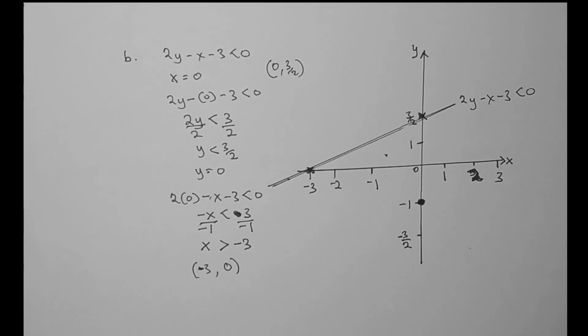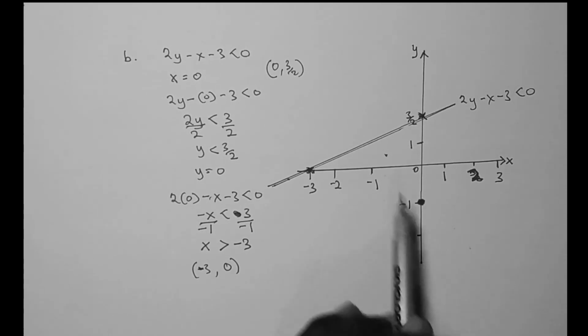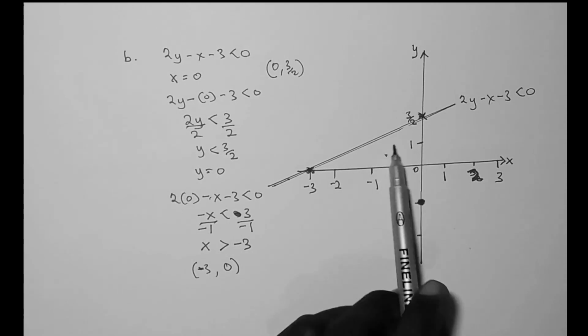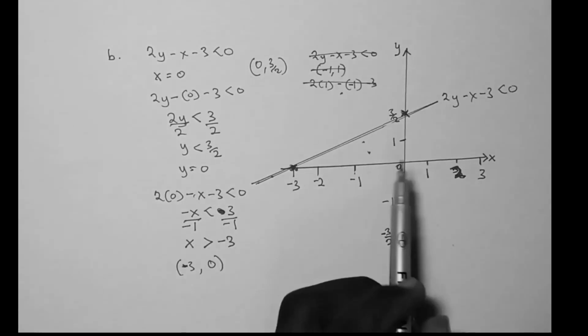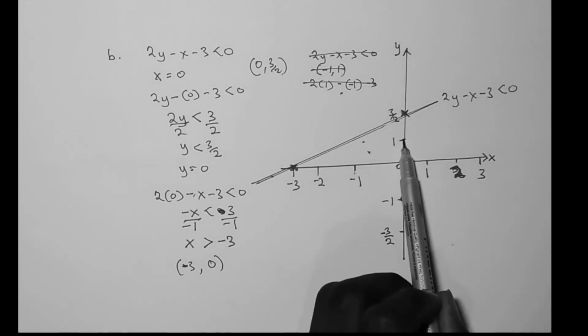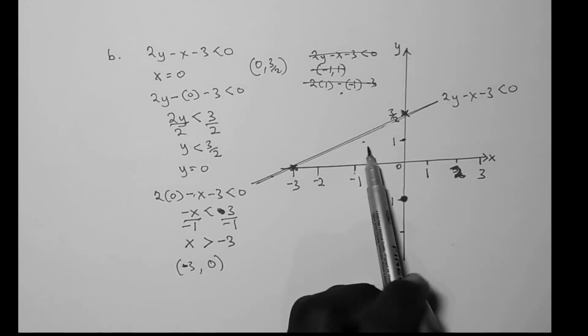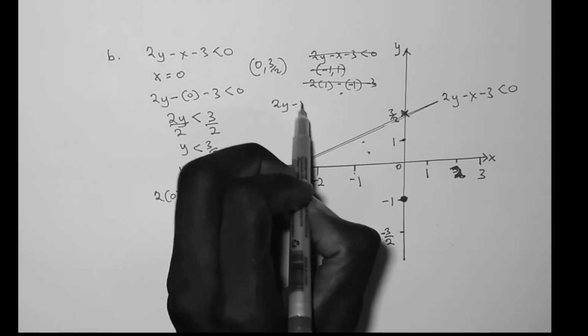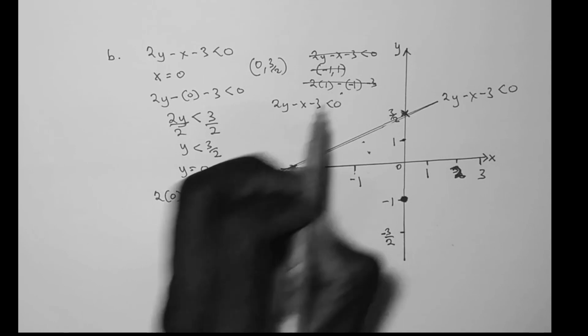Now the next thing is to find the required region. So let's take a point that is below the line and a point that is above the line. If we look here, we see that the point (0, 1) falls below the line. So let's put (0, 1) into the equation 2y minus x minus 3 is less than 0.